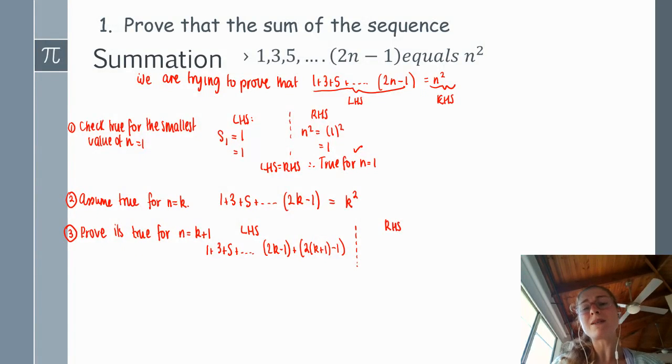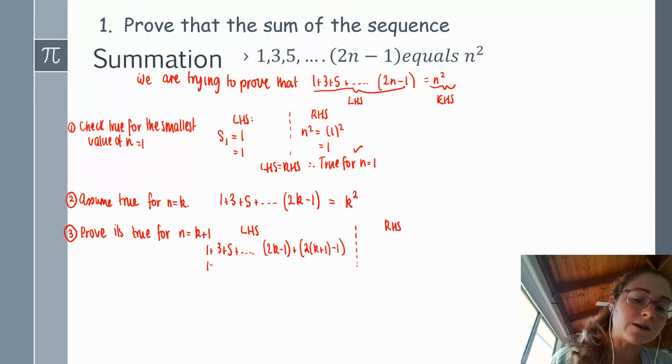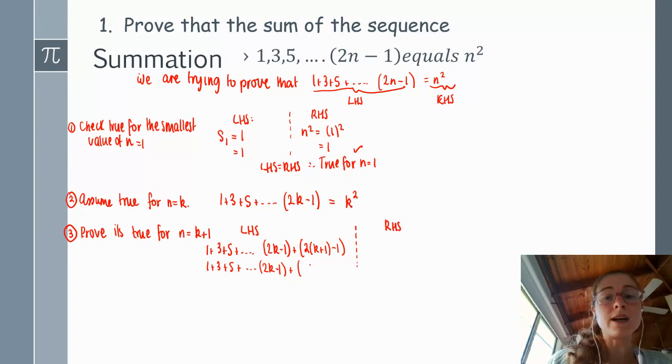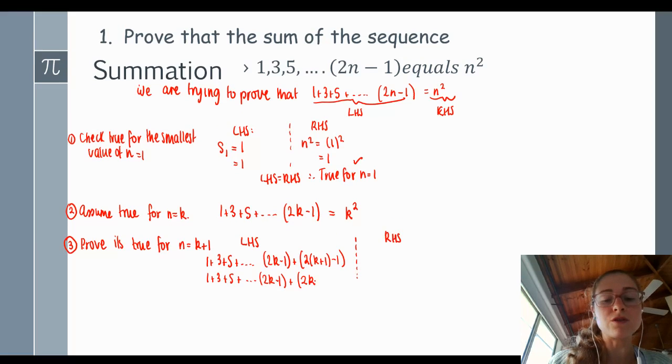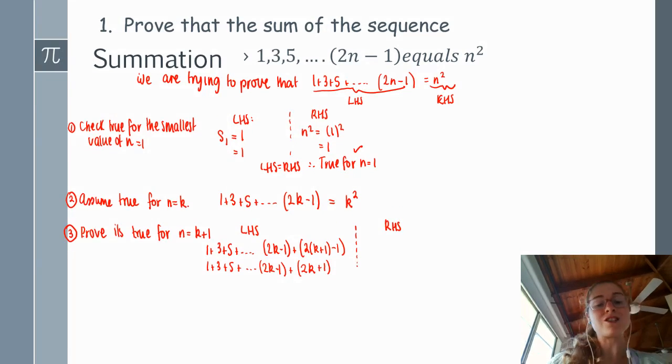Let's just maybe simplify the brackets there a little bit. So I'd get 2k plus 2 minus 1. That's just going to be 2k plus 1. So I'm going to have to show that this is true to my right-hand side. So my right-hand side now, instead of having a k, we're going to put in k plus 1 instead.